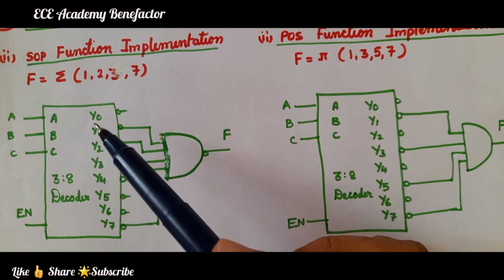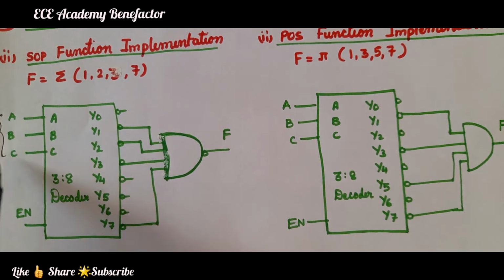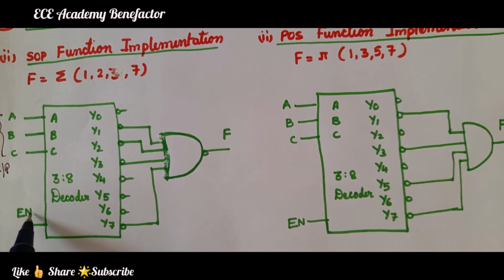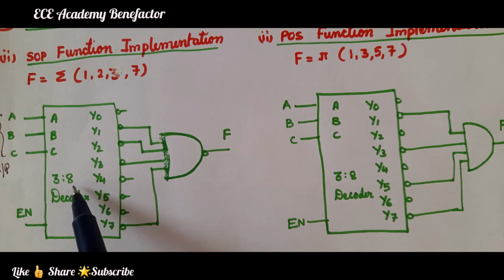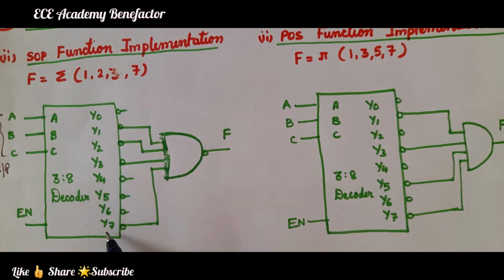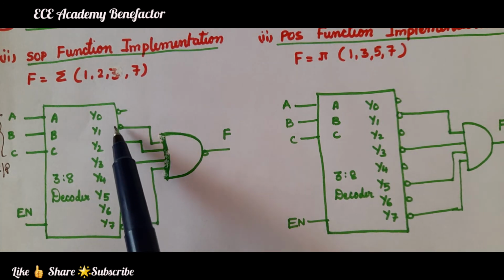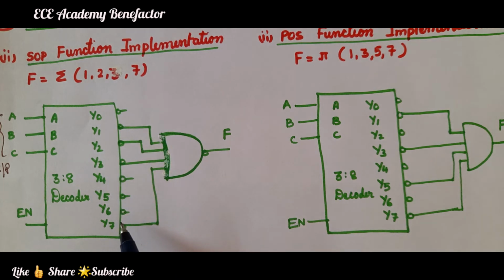At the input we have A, B, C, 3 inputs. To enable the decoder we have the enable input, and the outputs are Y0 to Y7, which are active low.